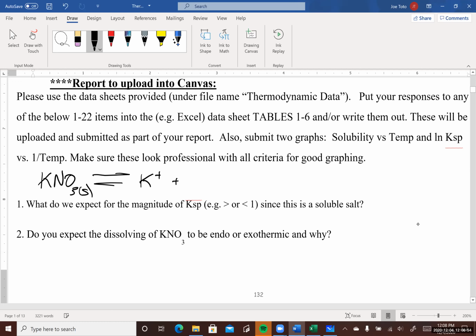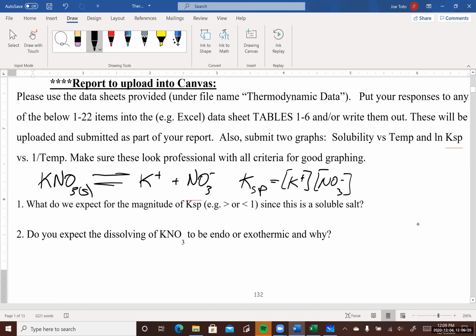So this equilibrium here is set up, and you were supposed to tell whether the equilibrium constant for this reaction, KSP, which you should be able to define as the concentrations of the products to their stoichiometric coefficients, over the reactant, but the reactant's solid, so it's not in the expression for KSP.